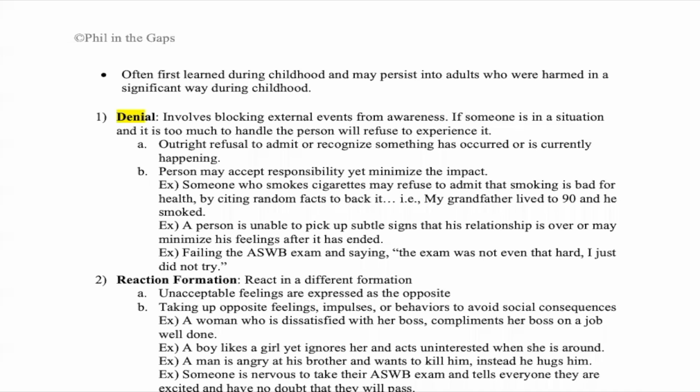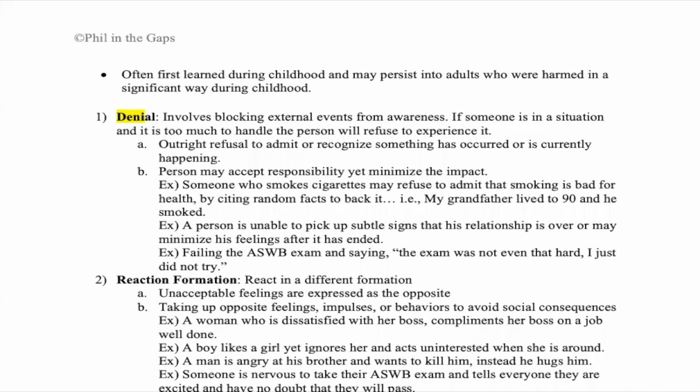So, this is where a person may accept responsibility yet minimize the impact. So, if they do acknowledge that they've done something, they are going to downplay the impact that it has based on the fact that they do not want to acknowledge the negative consequences of a particular behavior.